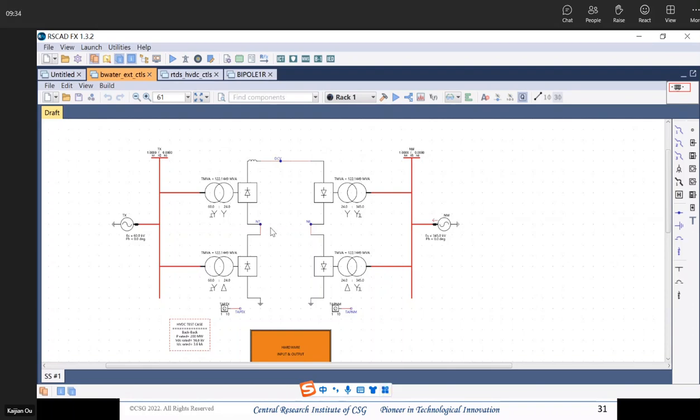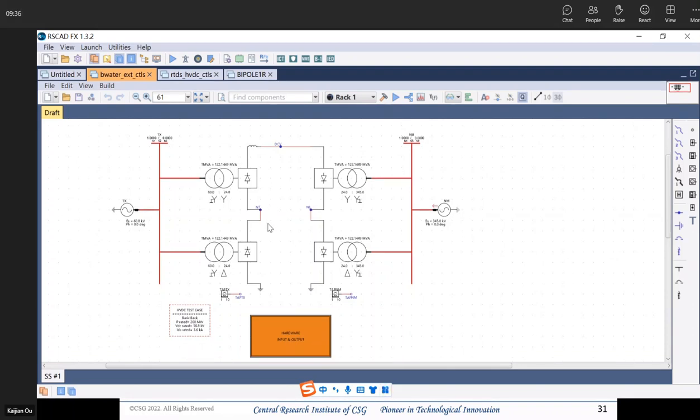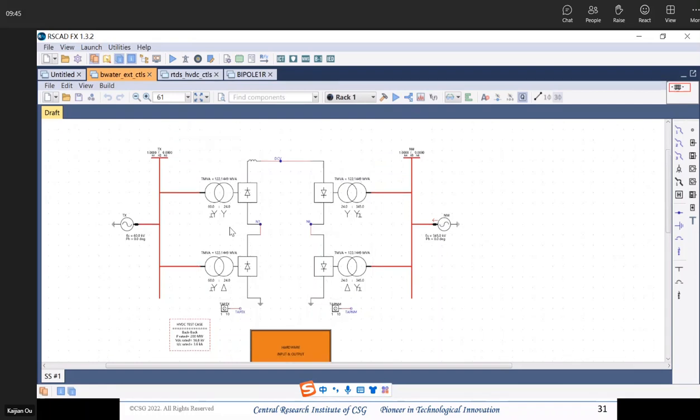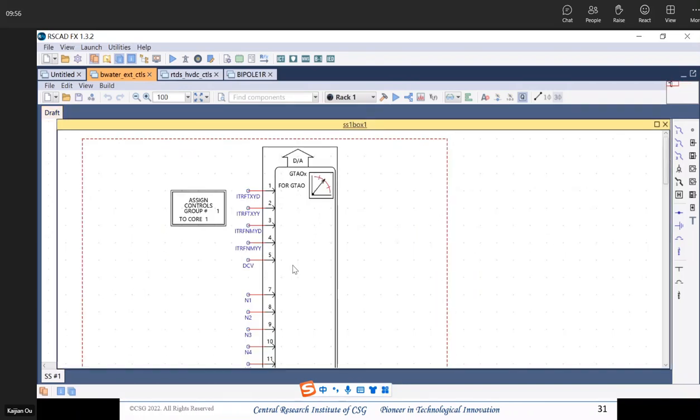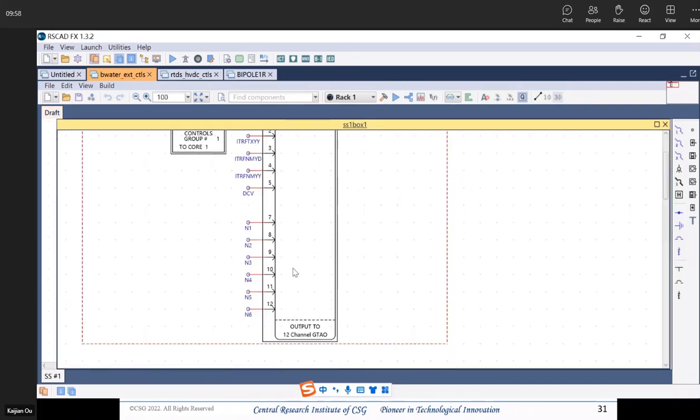We see that this model is a little like the PSCAD model. For this model, because RTDS can connect to the physical HVDC control, we can see it has no control, only an IO card.